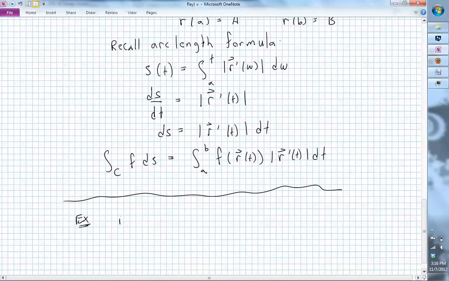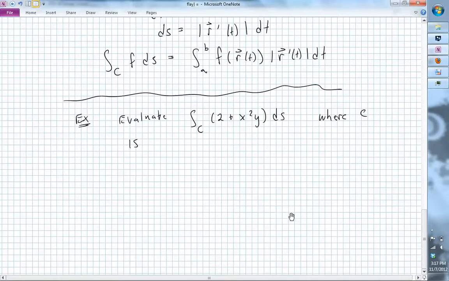Let's evaluate this integral. Two plus x squared y ds, where C is, and I'll just draw C for you.